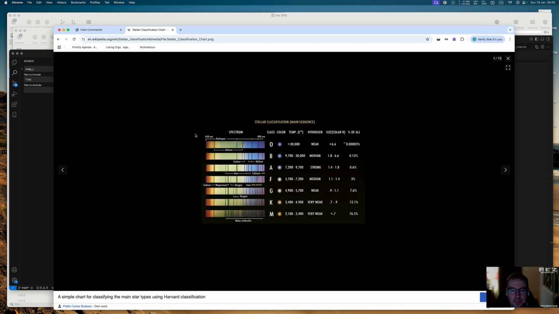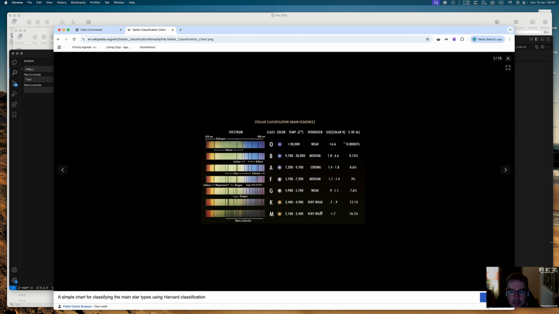Let's have a look at this table. Okay, so we've got colours. This is kind of interesting stuff. So we get a colour from these.